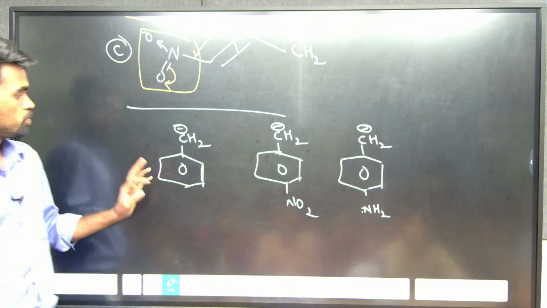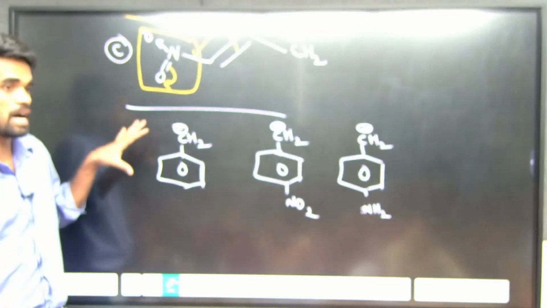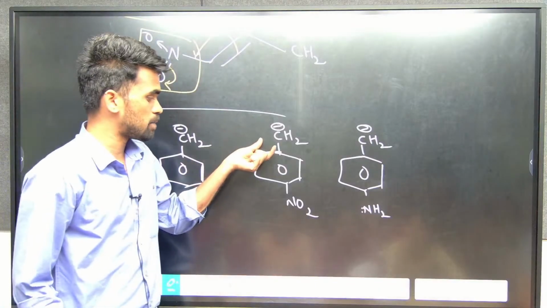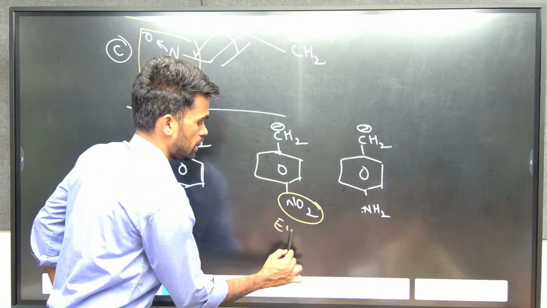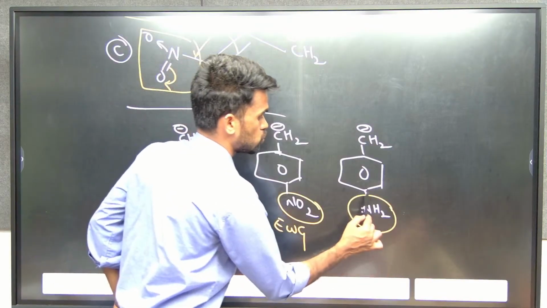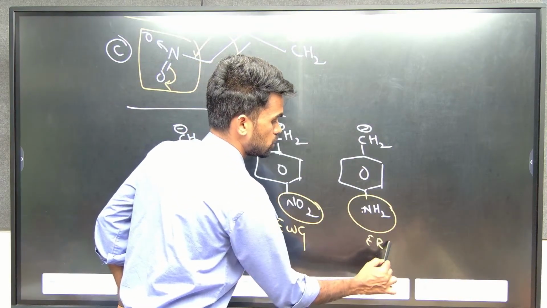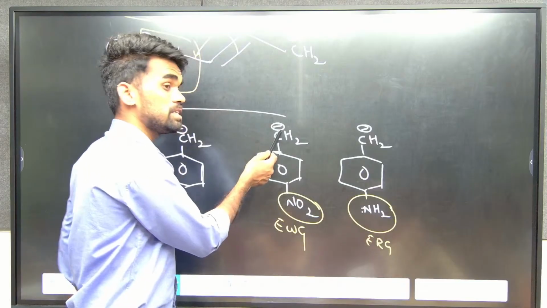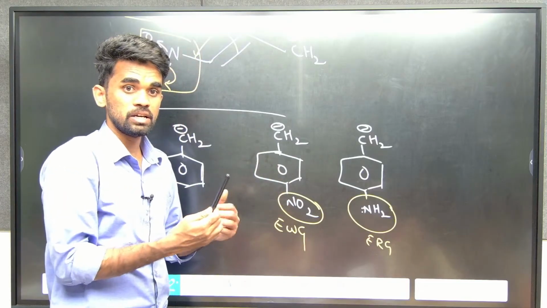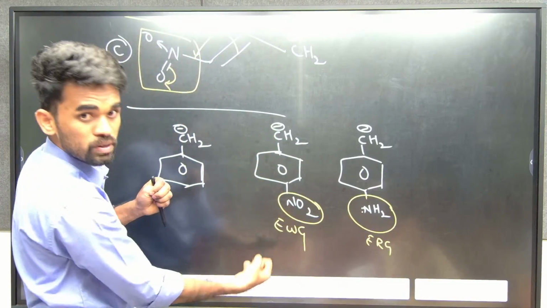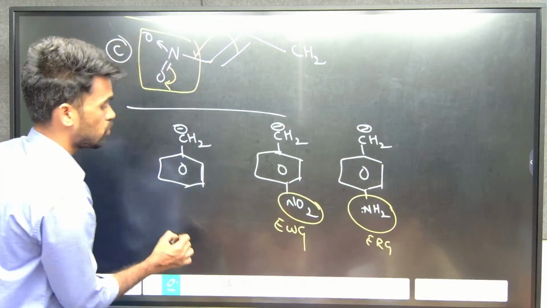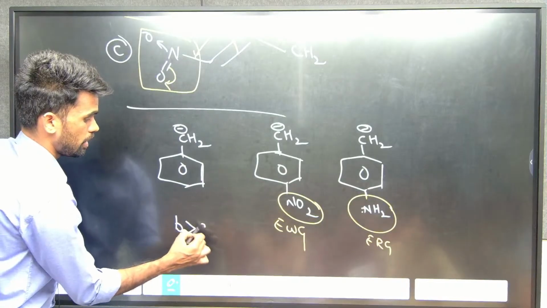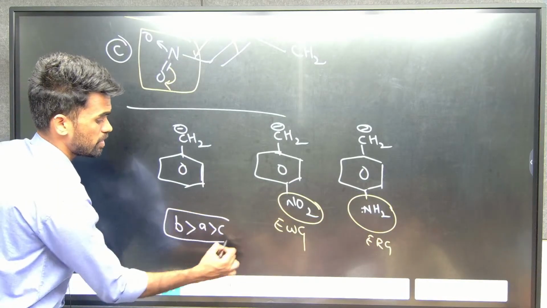What type of group is here? Just a benzylic carbon anion is there. Here benzyl carbon anion with nitro group. What is the nature of nitro group? Electron withdrawing group. What about this NH2 group? Electron releasing group. Now carbon anion means it already has more electron density, so that should be withdrawn towards themselves. So where do we have the withdrawing group? That will be more stable. So B, A, perfect. Everyone got these concepts?